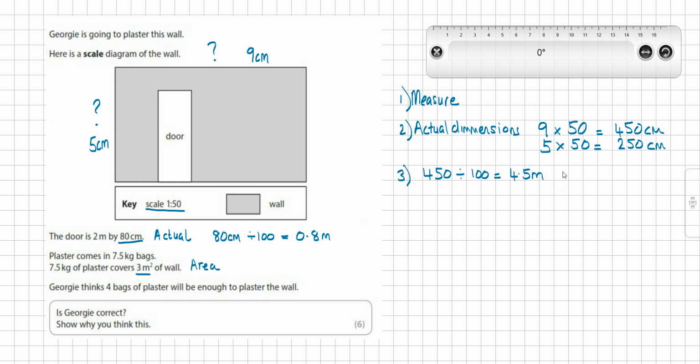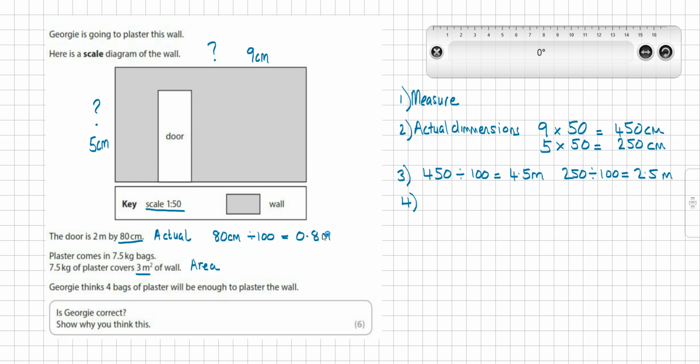And then 250 divided by 100 gives us 2.5 metres. At every stage of this, you can pause it and make some notes. And I would strongly advise that you do that so that you're clear in your mind what's going on here.